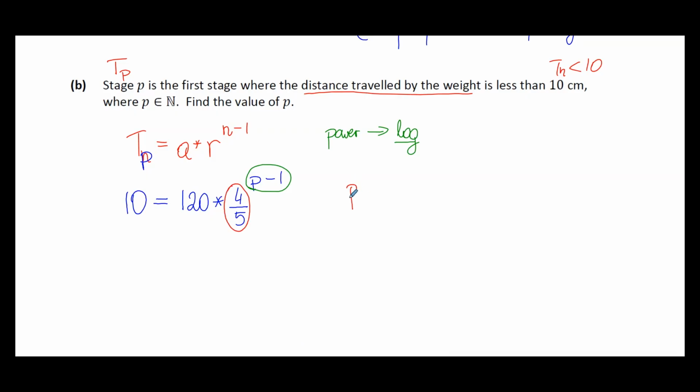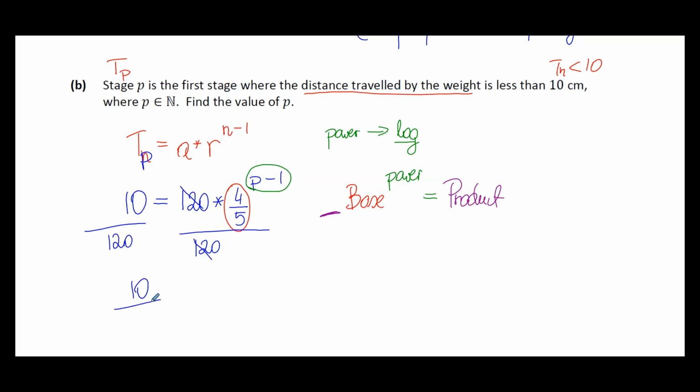Okay, so if I'm looking for power, what's my base? 4/5. So when I have a base and a power, on the other side I'm going to have the outcome of that, which is the product. That is true only when the base doesn't have any numbers in front. I have 120 here, so that's the first thing I need to get rid of. This is a multiplication. To eliminate multiplication, we divide, and we divide both sides of the equation.